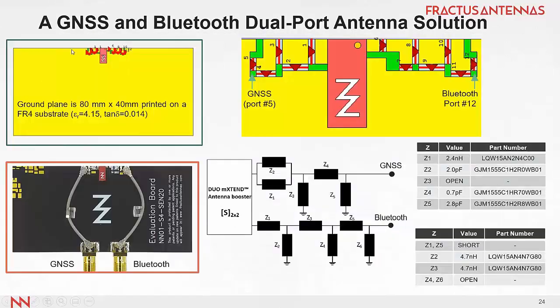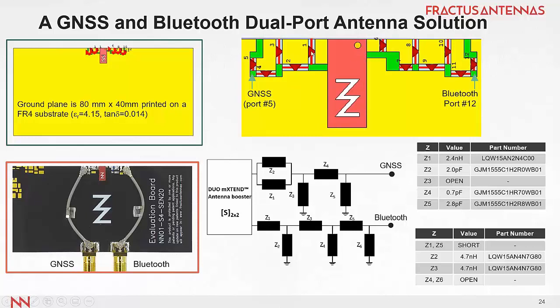Here we have the simulation in green, and here we have the evaluation board in red, with one port with a 50 ohm coaxial transmission line to feed the GNS port, and another SMA connector and feeding 50 ohm transmission line for the Bluetooth and the matching network for Bluetooth. As you can see here, this component has no clearance area beyond the antenna footprint. So it's really a tiny component and also does not occupy any more space, so you can put more electronics near the antenna component.